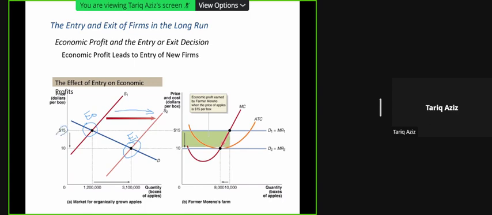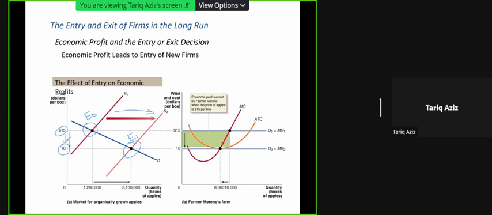So initially the prices in the market were $15 per unit, but when new firms have entered into the market, the price of that product has reduced from $15 to $10. So this is very basic economics, that if there are more firms operating in a particular industry, that will put pressure on the prices.